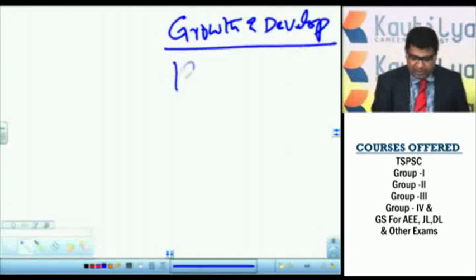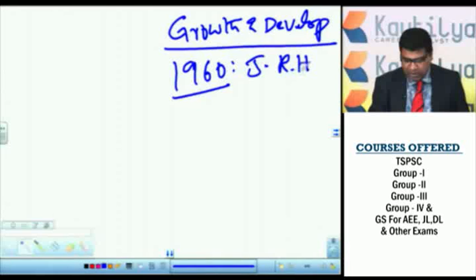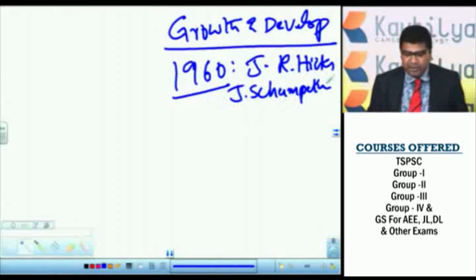Before 1960, the majority of economists thought that both were similar. Growth and development were used interchangeably; some economists believed that both growth and economic development are similar. But after 1960, particularly in the writings of J.R. Hicks and Joseph Schumpeter, economic growth and economic development were differentiated.